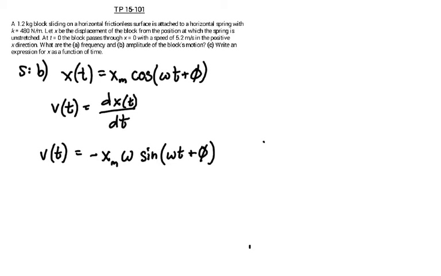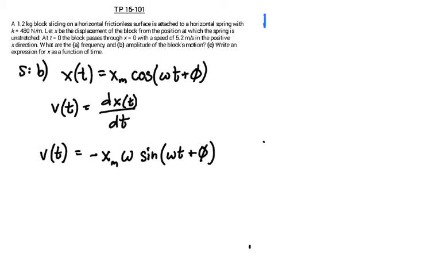Now, we know what's happening at time 0. We have a speed of 5.2 meters per second. We know what our angular frequency is from part A, and we're looking for the maximum amplitude. But there's a problem. We still don't know what this phase constant is. But let's see if we can pull it out just from a quick analysis of the total mechanical energy in the system as a function of time.